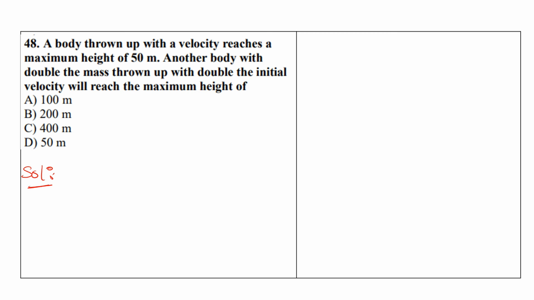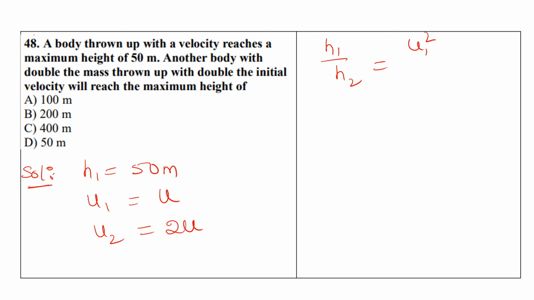The given height h1 is equal to 50 meters and u1 is equal to u, and u2 they given as double the initial velocity, 2u. So h1 by h2 is equal to u1 square by 2g by u2 square by 2g.